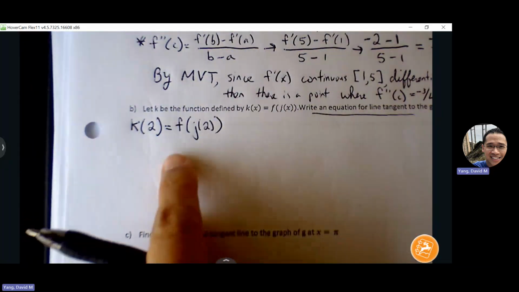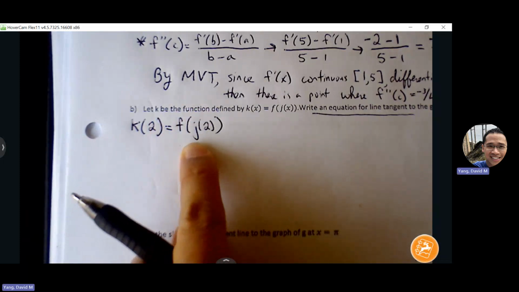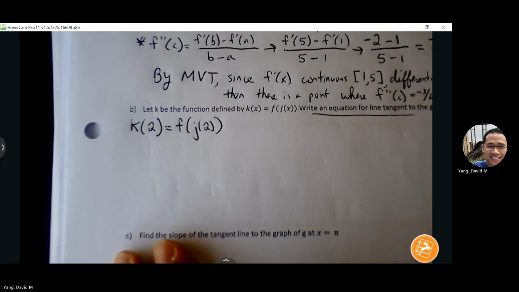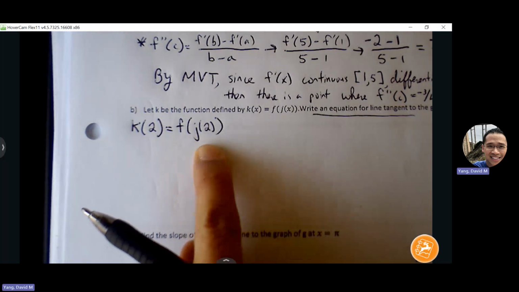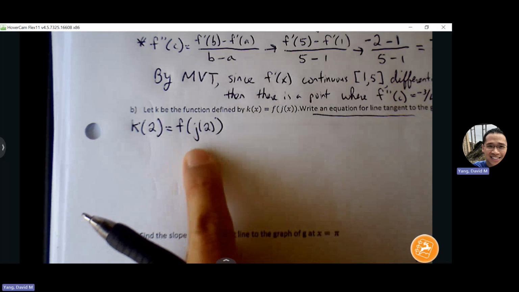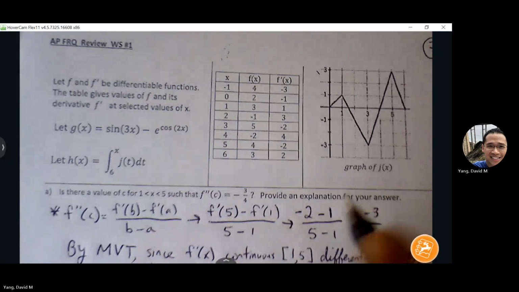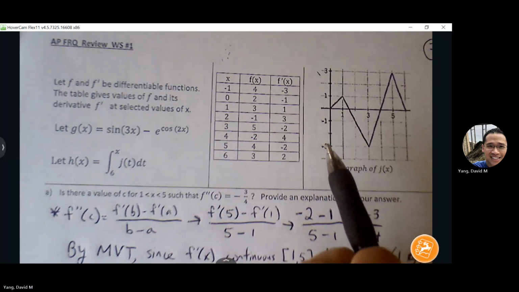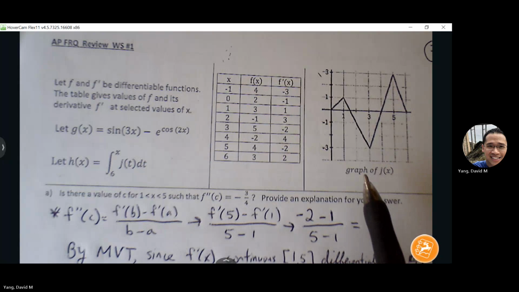So we got a composite function here. What can we do first? We should find what first? So what could we pull first? How would you start this? Yeah, find j of 2, right? So j of 2, we have our j graph here. So j of 2 is equal to what? -1.